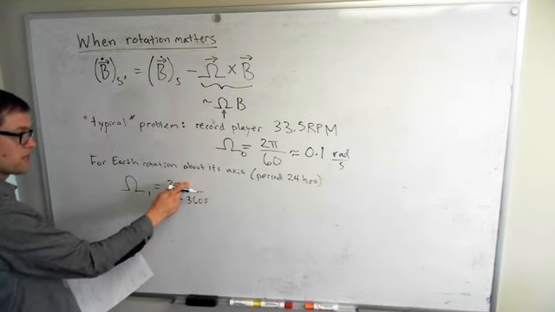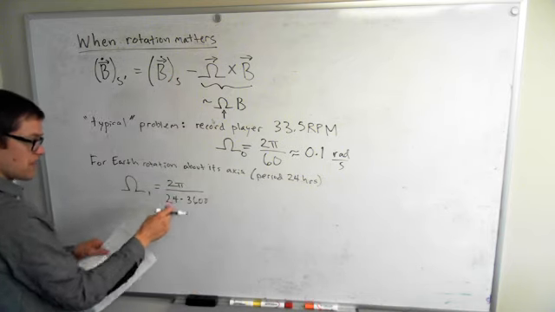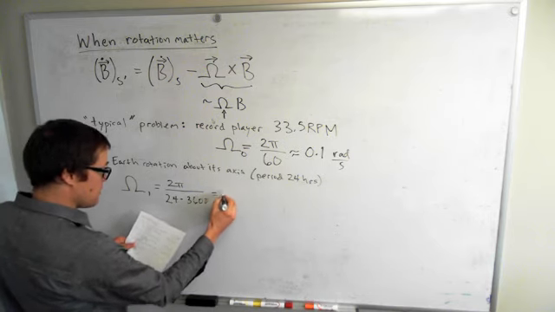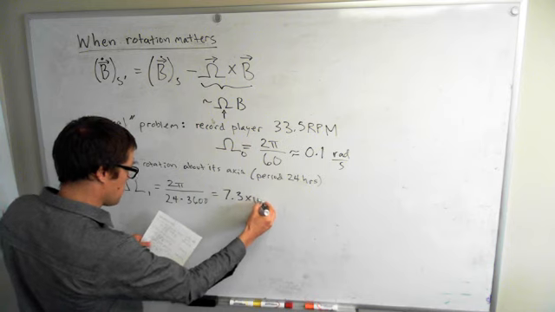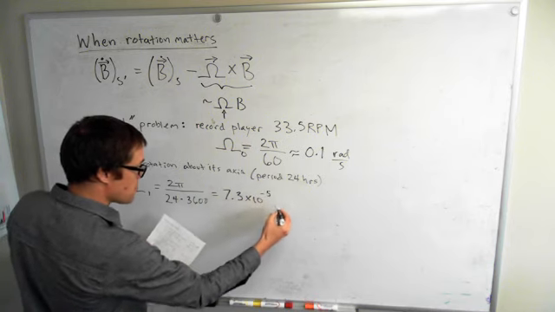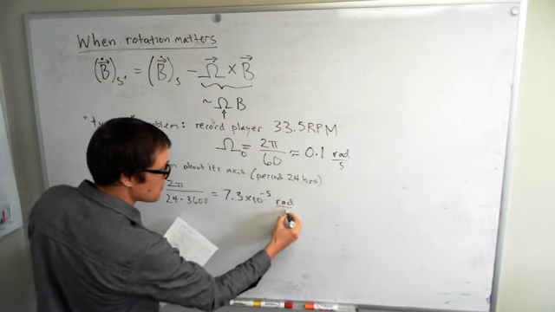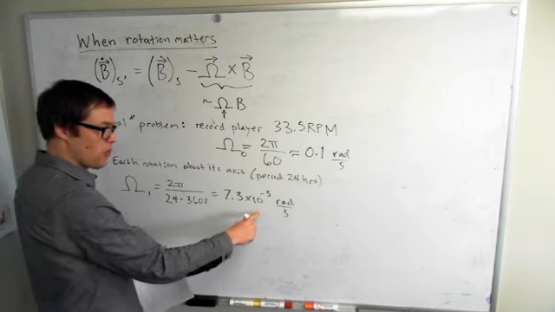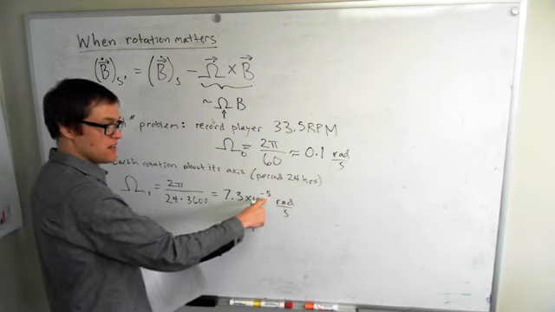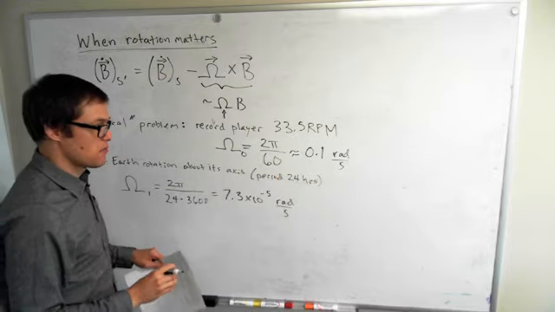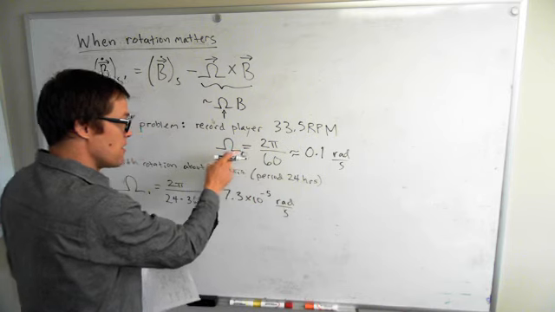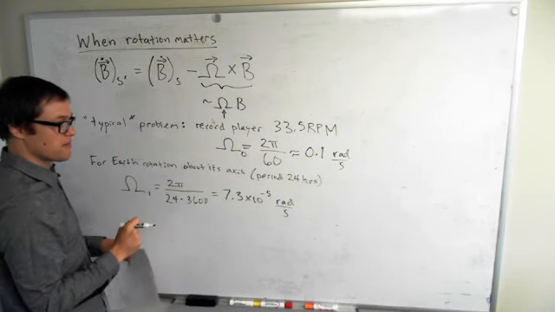So this is 7.3 times 10 to the minus 5 radians per second. The point being that this is about 10,000 times smaller than the rotation rate due to a record player.